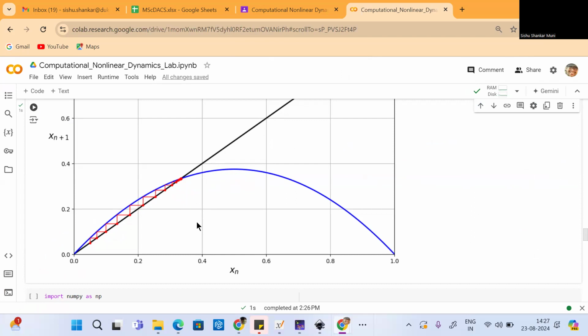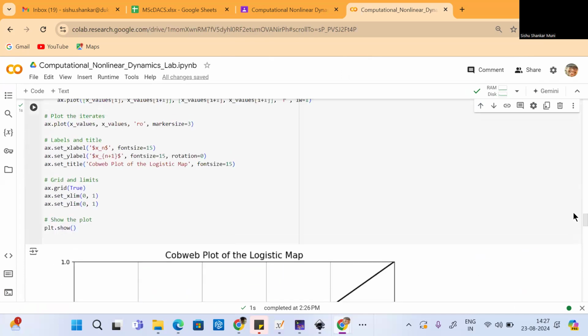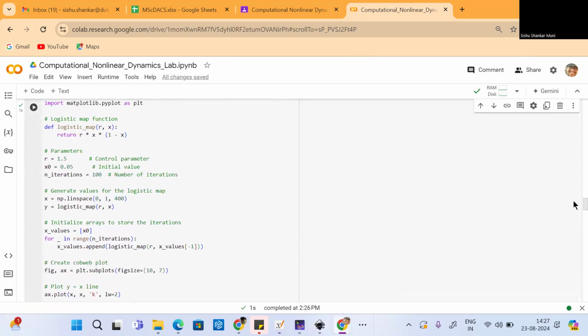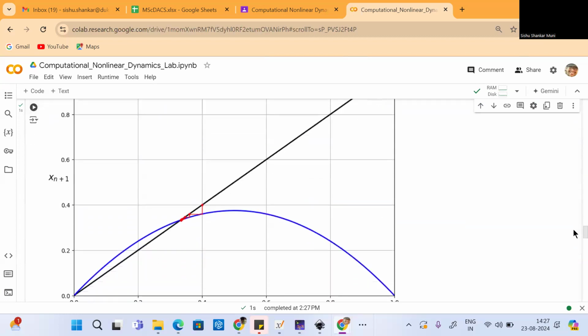What happens if we start at 0.4? Let us see. Yeah, that is also a good question. So what if you start opposite of the fixed point, like on the other side? Interesting.